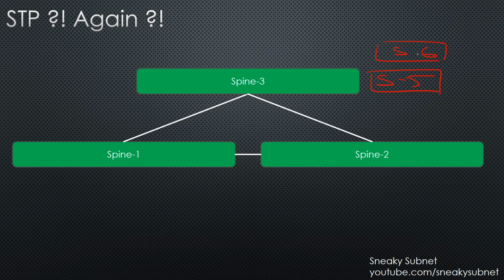But here we face the spanning tree issue one more time. When we connect switches in that manner, using that triangle, eventually one of these links will be blocked. So again, we have lots of our expensive 10, 40 or 100 gig ports, which are basically not used.